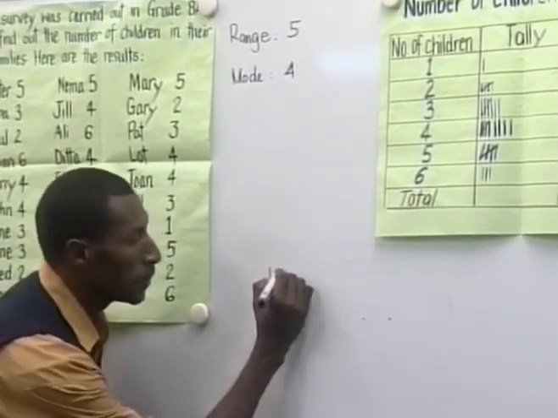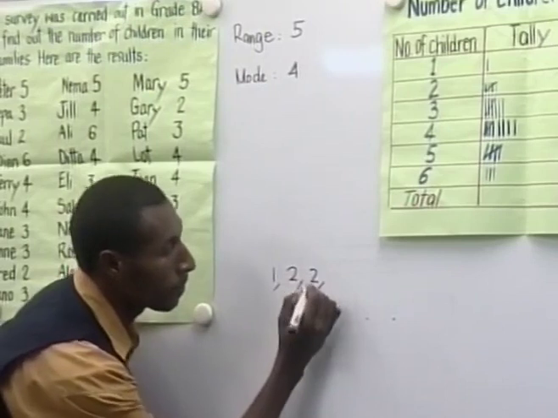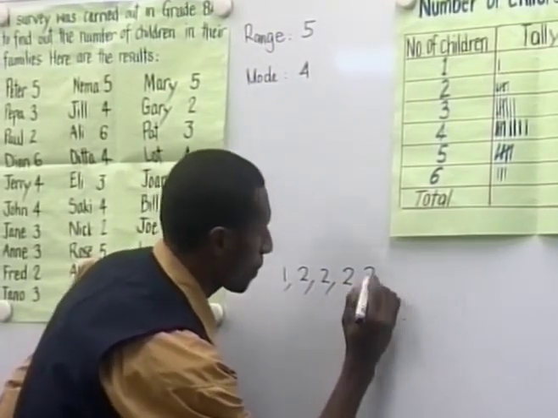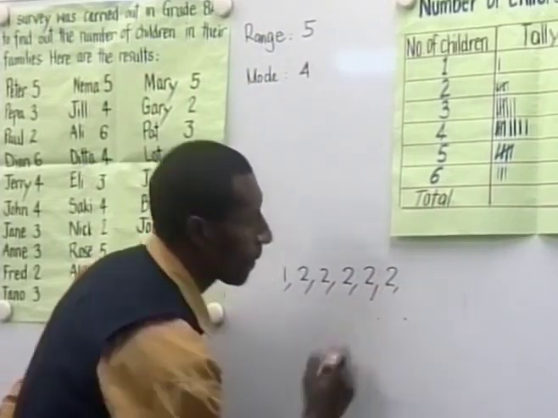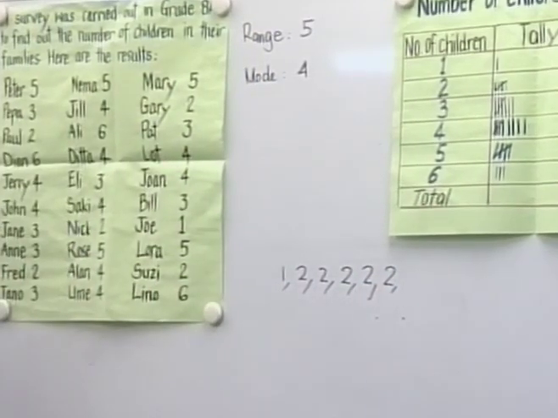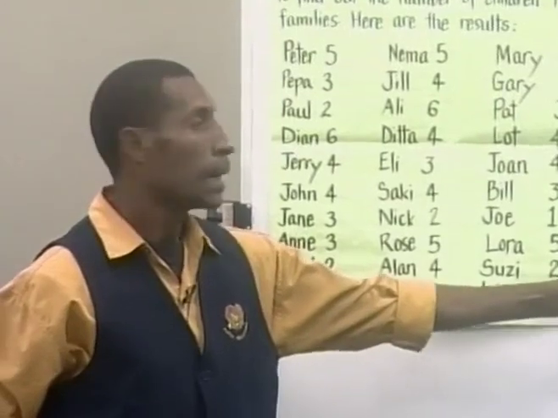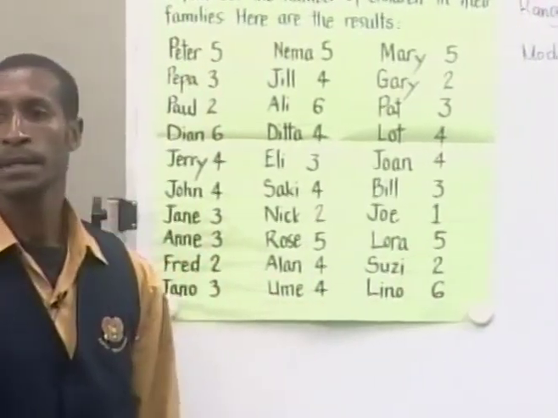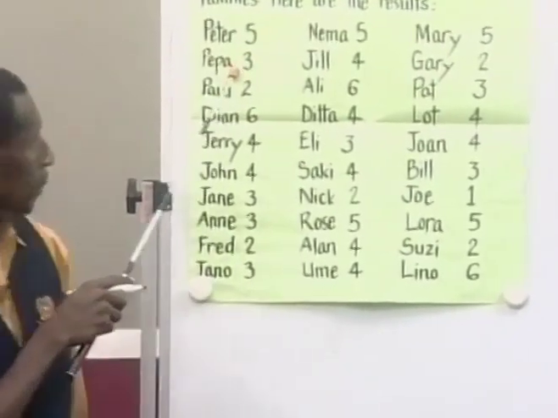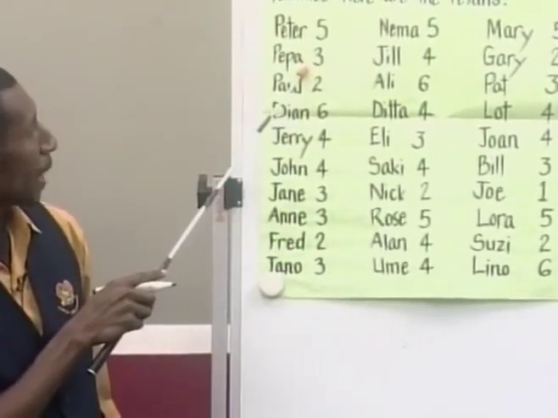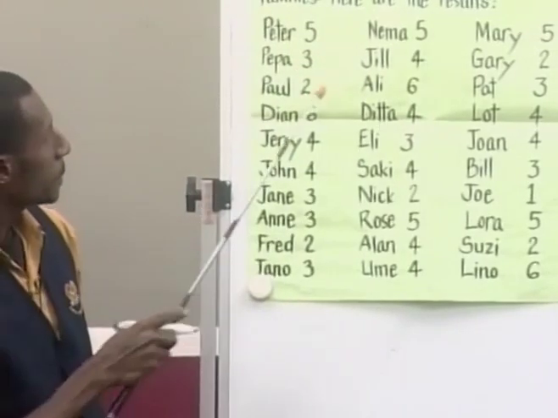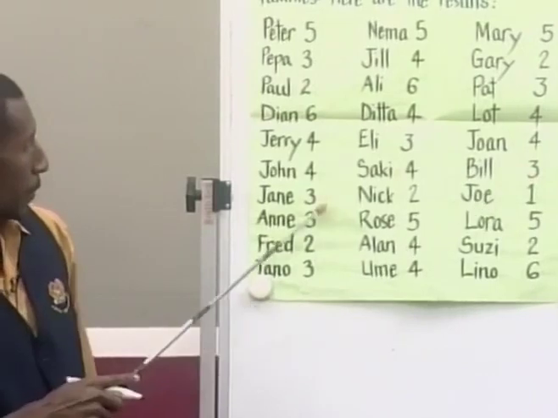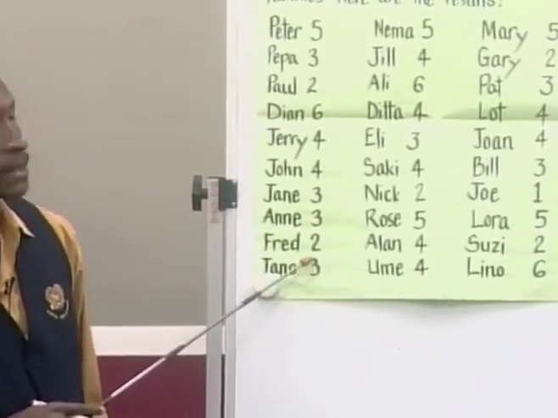So, 2, 3, how many times? 7. If you look at this data here, let's count 3, how many times here? 1, 2, 3, 4, 5, 6, and 7.